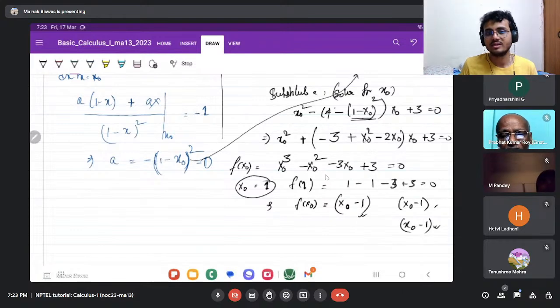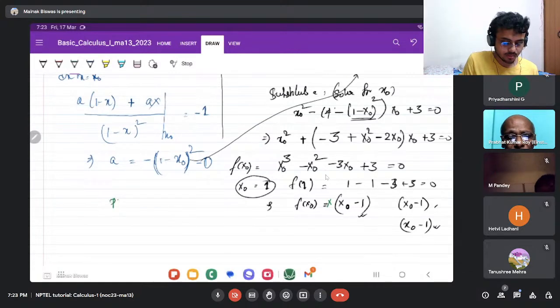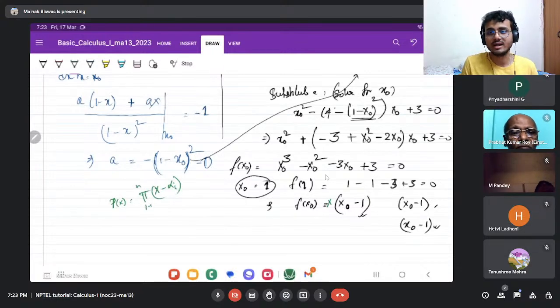So this is the idea. If you have a cubic equation and you factor out one root, you will be left with a quadratic. Agreed? Do you agree to this? Yes, sir. So any polynomial p of x can be written as a product of x minus alpha i's, where alpha i's are the roots. So if I get one, I'll get the other.